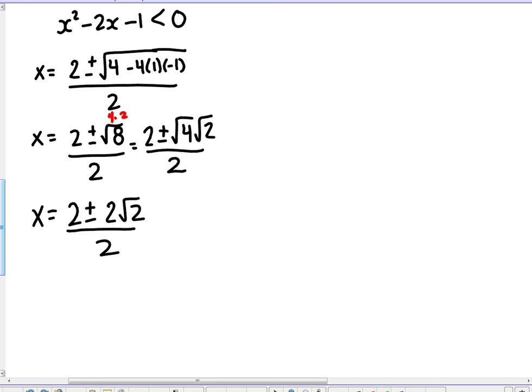Are we done? No. Can we simplify our coefficients? Yeah, remember you have to be able to simplify all 3. We can divide all 3 of these by 2. So what does it equal? 1 plus or minus root 2. Do you have to write divided by 1? No, you don't have to write divided by 1.